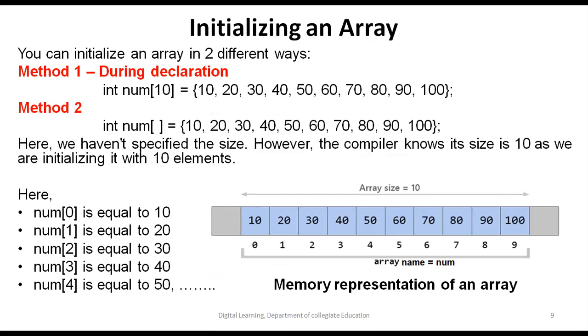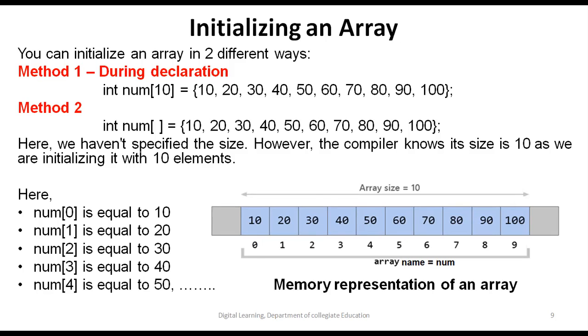Initializing an array. Arrays can be initialized like any other variables. In arrays, there are two different ways of initialization. In the first method, we specify the array size and its initial values, as you see in method 1.